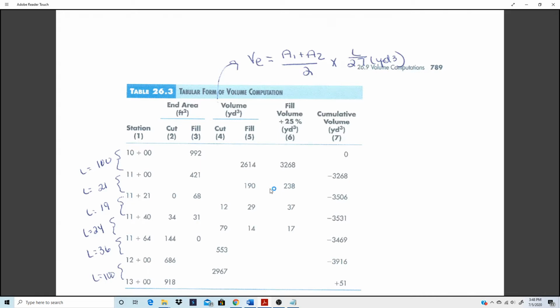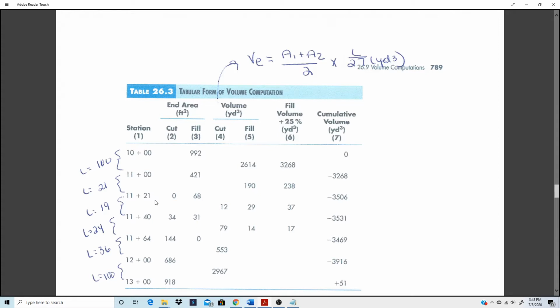That gives me 2616.666, so it's round. Now, if we need to bring in 25% more, the easiest way that I do that is I multiply it by 1.25. So that gives me 3270. So right now I have a 3270 right here.